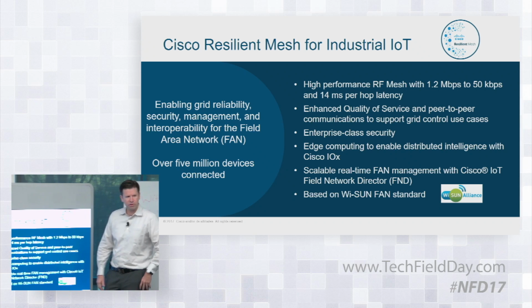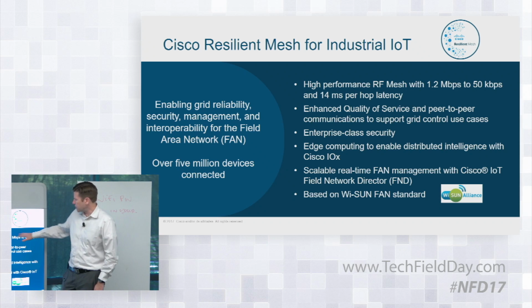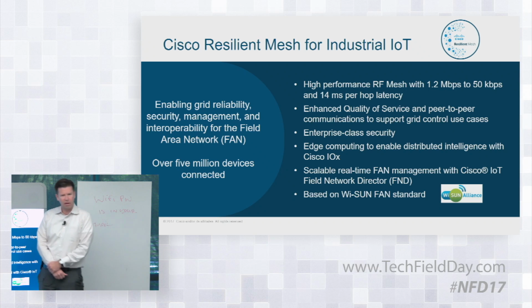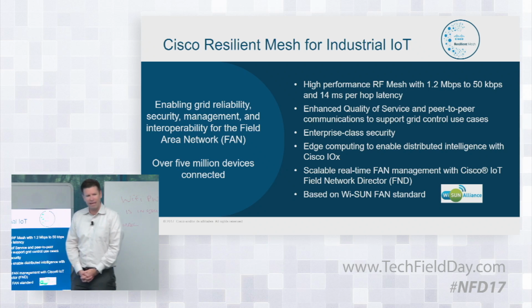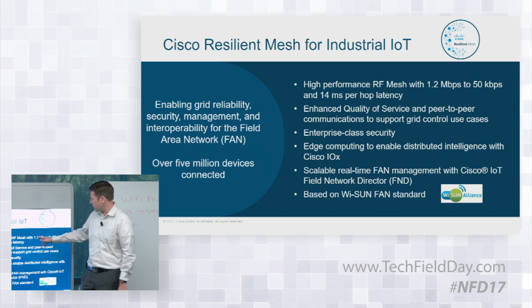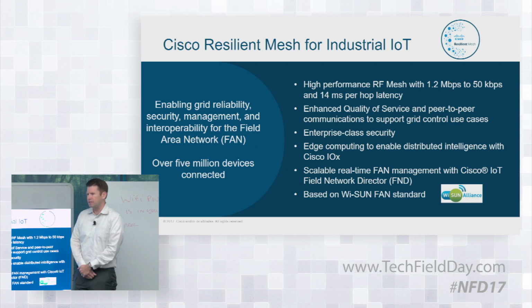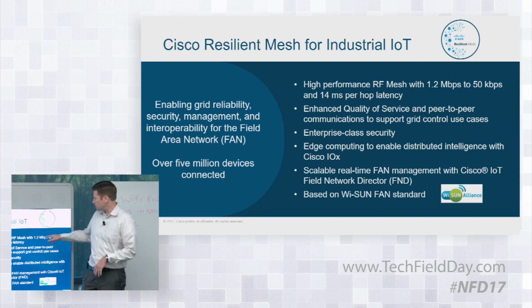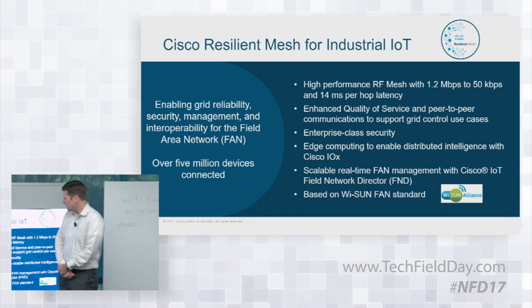The characteristics of this Resilient Mesh: it's a high-performance RF mesh network. It rate-adapts between different data rates, with a high data rate of 1.2 megabits per second, going down to 50 kilobits per second. We have adaptive modulation to change that dynamically in the field, because you'll get different distances and different received signal strengths based on the different data rates.